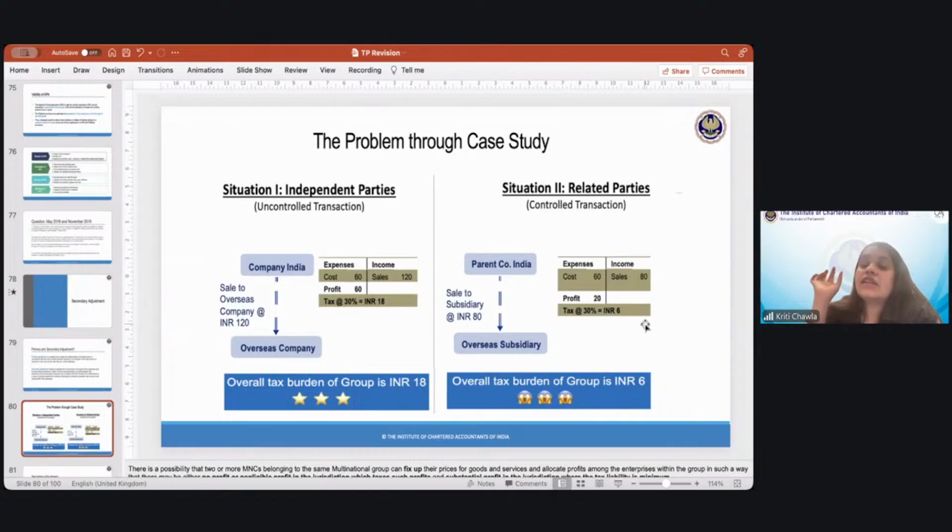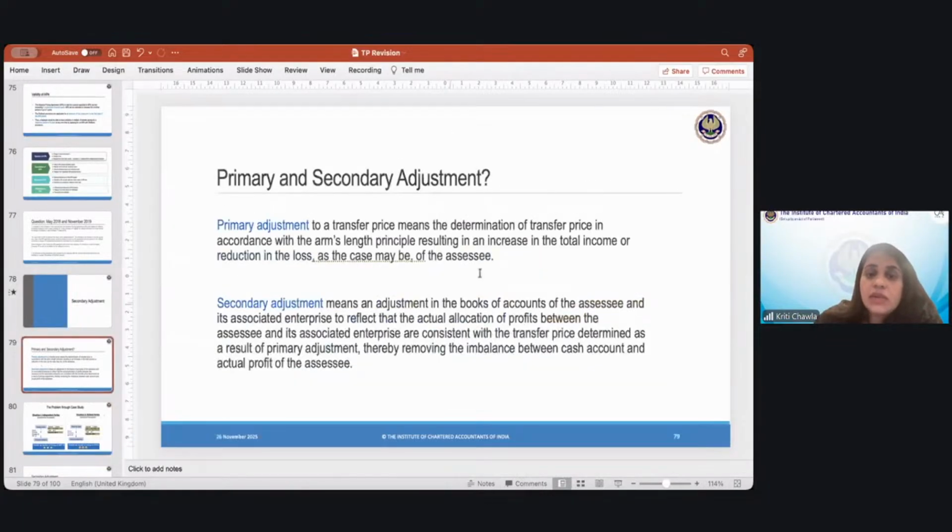So there is a transfer pricing adjustment out here, of 40 rupees in a related party situation. This transfer pricing adjustment is also called the primary adjustment. So, primary adjustment is basically the adjustment which is in accordance with the arm's length principle.